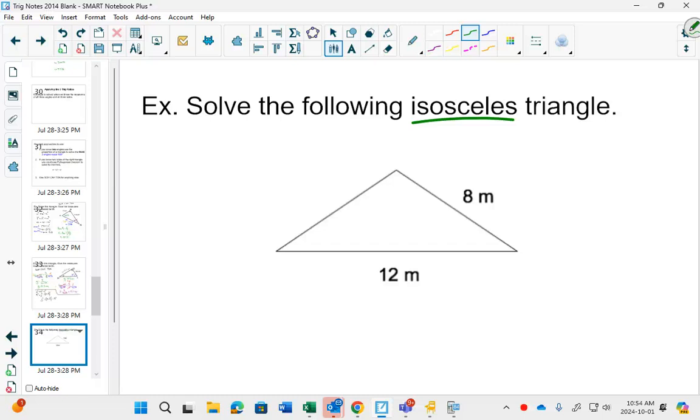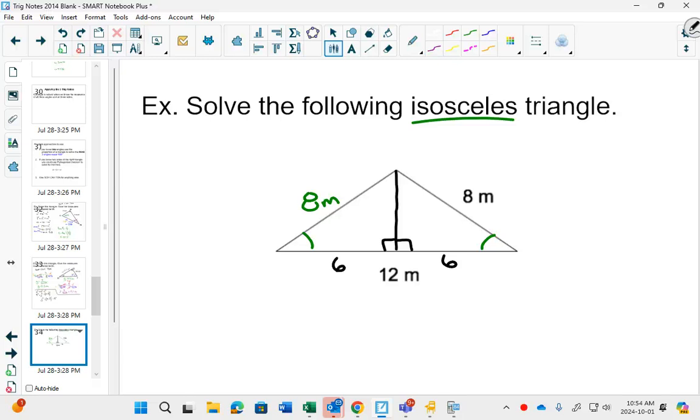So on this one, you would already know this side is 8 meters, and you would know that this angle and this angle have to be the same. But unfortunately, we're not allowed to use SOHCAHTOA on this triangle because SOHCAHTOA and a squared plus b squared equals c squared only work with right angle triangles. So this is an example where you draw a straight line down to make a right angle.